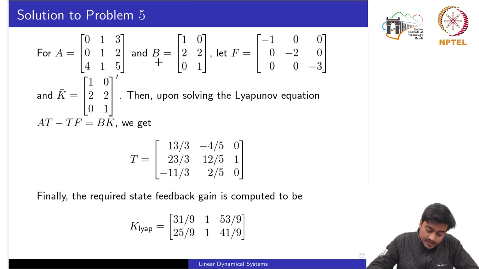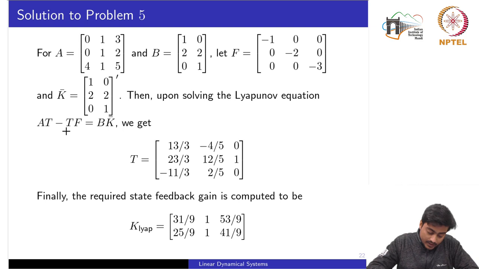So these are the A and B matrices given to us. We need to place the eigenvalues, so we form the F matrix containing all the eigenvalues at -1, -2 and -3. Again, as the first step, we choose an arbitrary k bar such that F transpose and k bar transpose is controllable. Now using this Lyapunov equation, we solve for T. If you recall, in the multi-input variable case, we cannot always ensure the non-singularity of the T matrix.